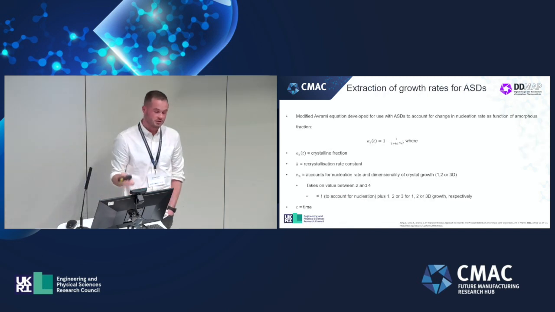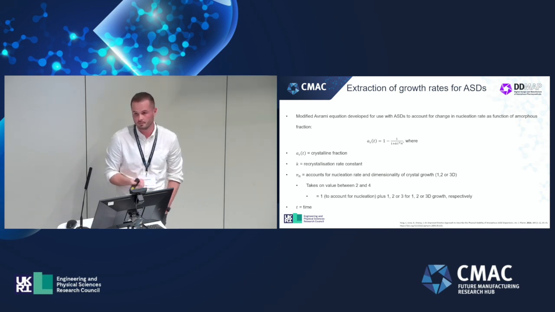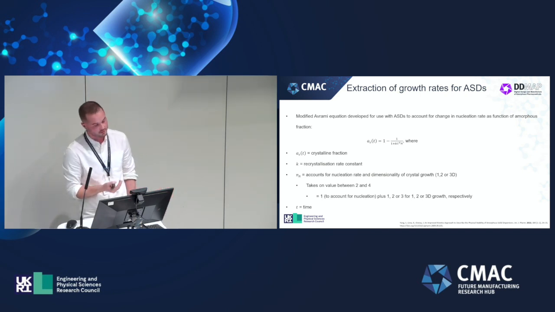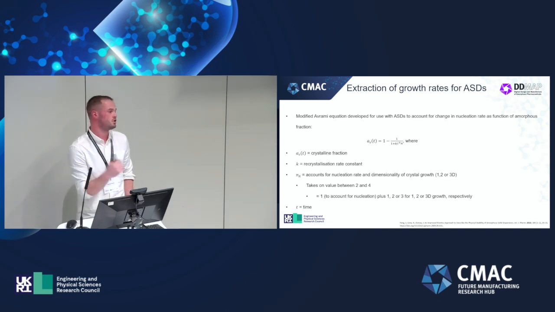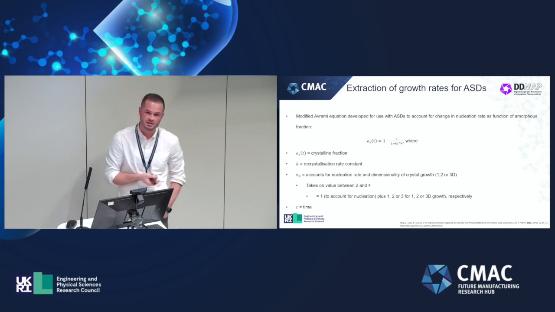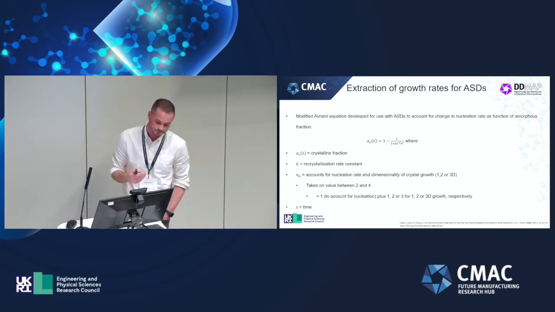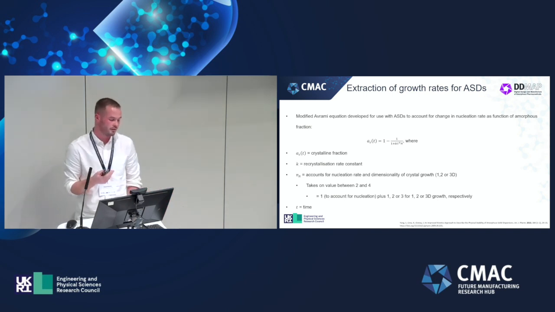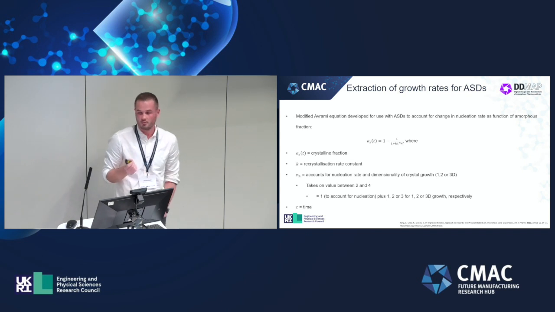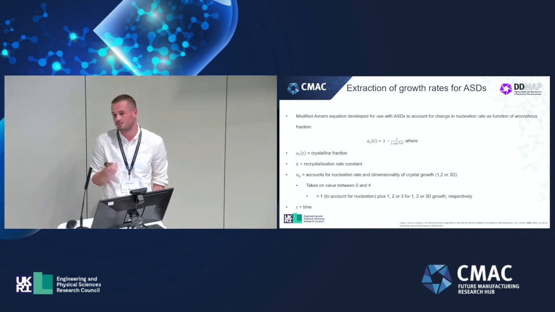But we're also interested in extracting growth rates. Like I said, we're using multi-objective optimization for sample selection. So if you can feed in growth rates, and of course we're trying to extrapolate down to a composition where there's a stable, or at least a kinetically stable ASD, we can maybe get there a little bit quicker. So we've got the modified Avrami equation, or a modified Avrami equation, which is useful for these types of materials, well, useful in general, really.